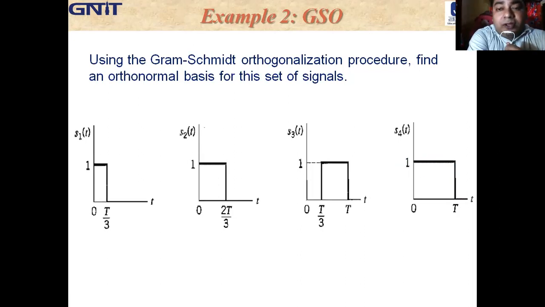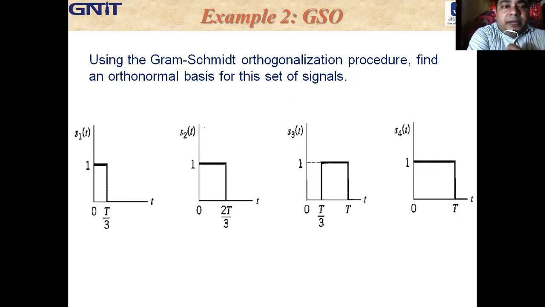So all four signals have the amplitude of 1 unit. The problem is to find the orthonormal basis functions from this set of signals.